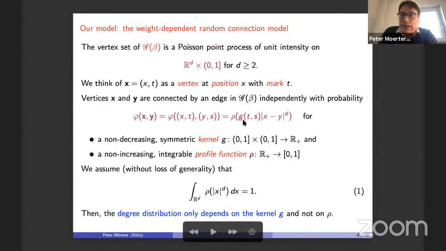The case of the classical random connection model or long-range percolation is no dependence on the marks, so g equal to 1, and then we just have a decreasing function of the distance here.